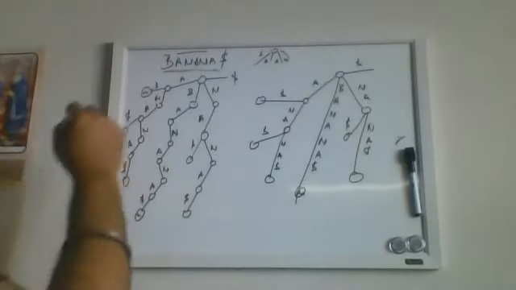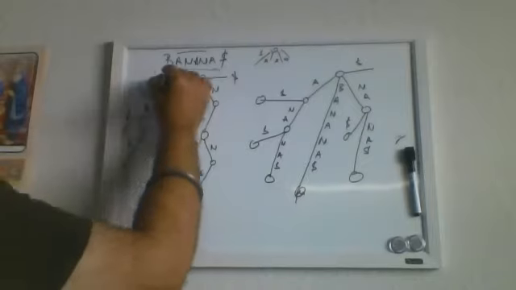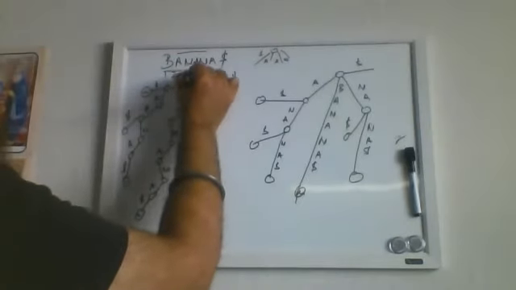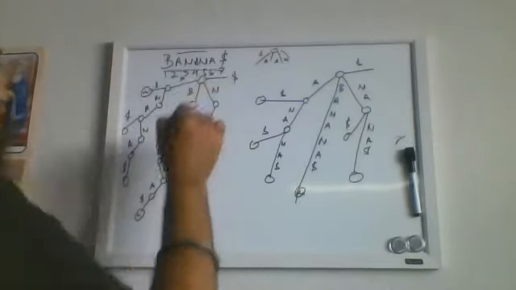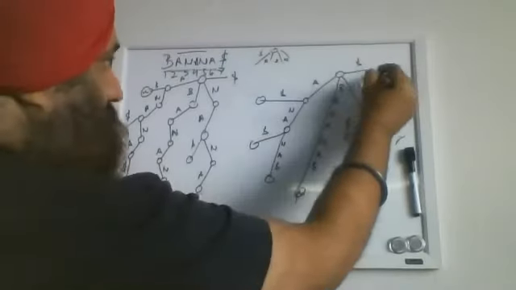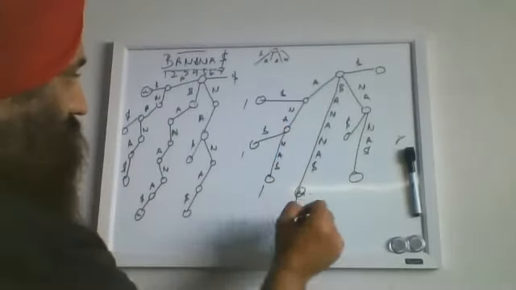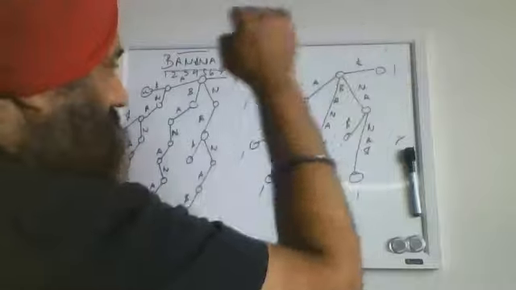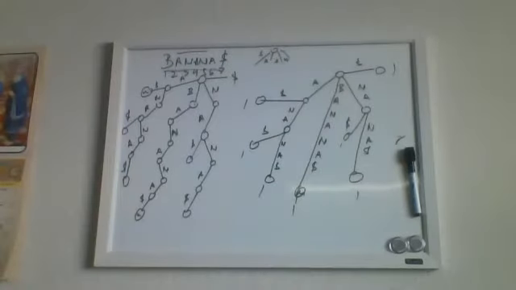So if you pick up this word banana, and let's number it 1, 2, 3, 4, 5, 6, you see there are 7 suffixes in it. And in this compressed trie, you have got 7 leaf nodes.